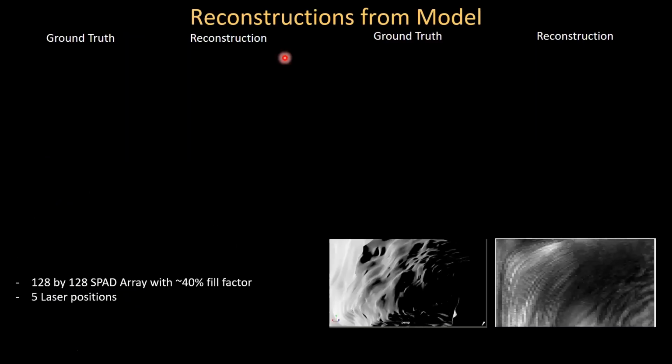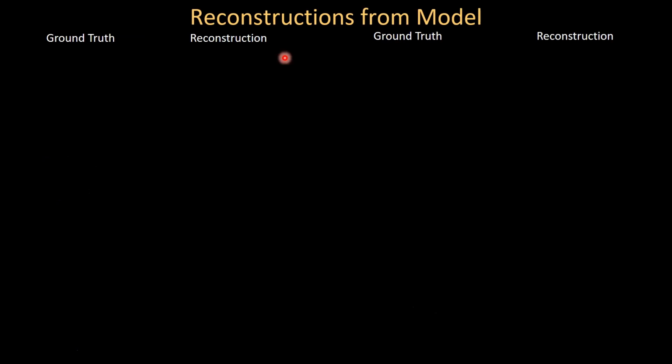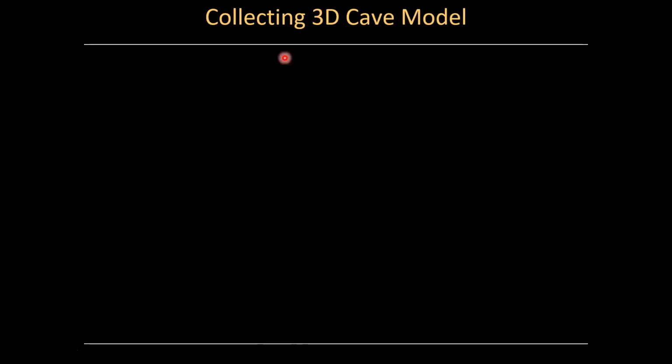So those pixels, for this application, we wanted them as large as we can make them. The reason is that for the non-line-of-sight reconstruction, we need to know the location on the relay wall with about a centimeter resolution. So we would like to collect as much light as possible over a centimeter square.